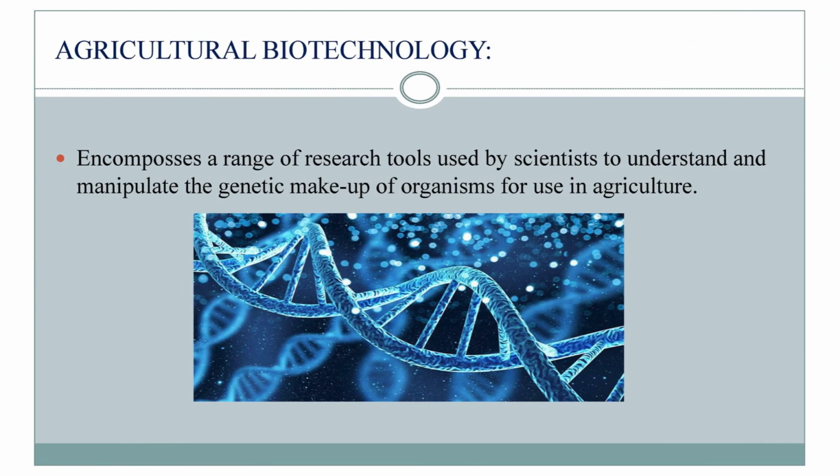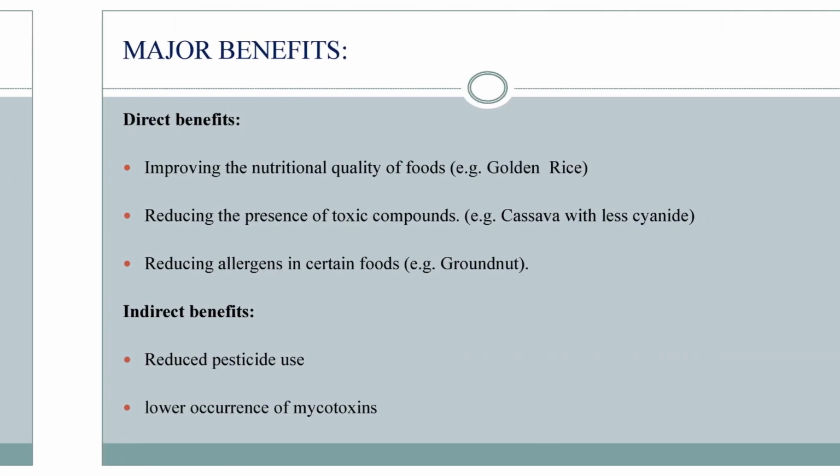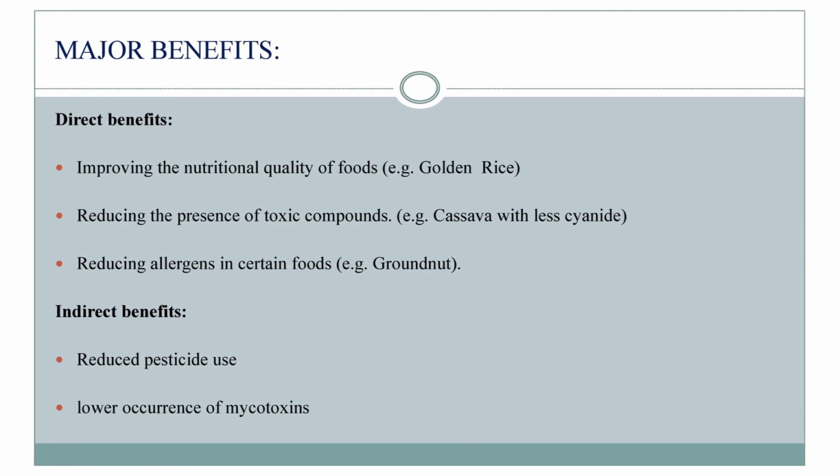This brings us to agricultural biotechnology. It encompasses a range of research tools used by scientists to understand and manipulate the genetic makeup of organisms for use in agriculture. Let's continue with major benefits. Under direct benefits, the first point is improving the nutritional quality of foods, for example, golden rice.